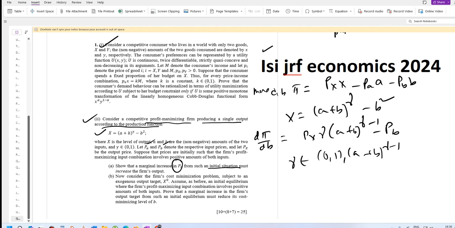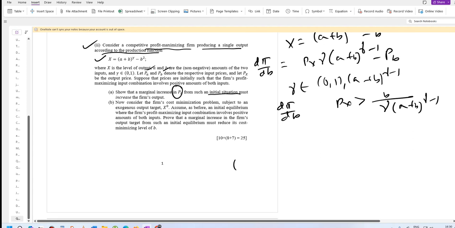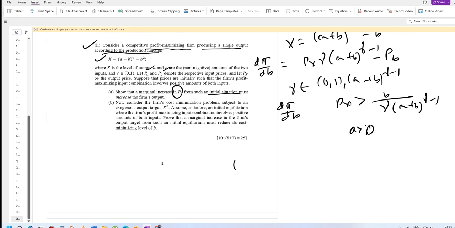Therefore d pi by db is positive if px is greater than pb by gamma into (a plus b) to the power of 1 minus gamma, given that the farm's profit maximizing input combination involves positive amounts of both inputs, a greater than 0 and b greater than 0, and (a plus b) to the power gamma minus 1 is also positive.